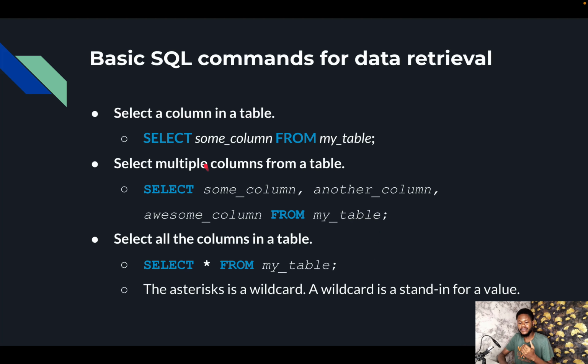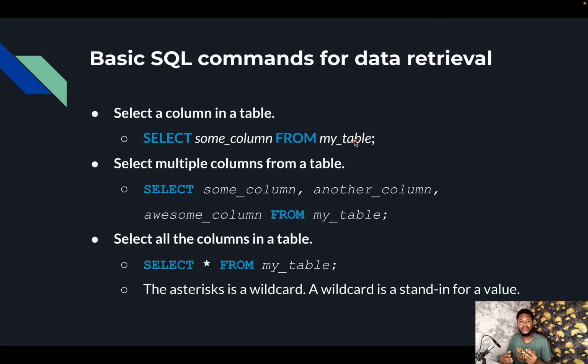Alright, so in the first example, we want to select a column in a table. You have your database, it has the table, and in that table you want to get a particular column. To do that, you're going to use this syntax. You say select, then the name of the column, whichever it is, from, then the table.